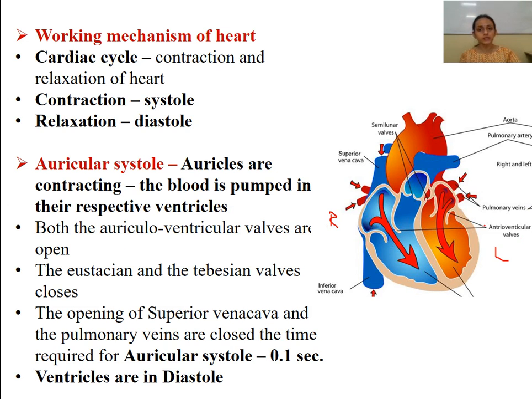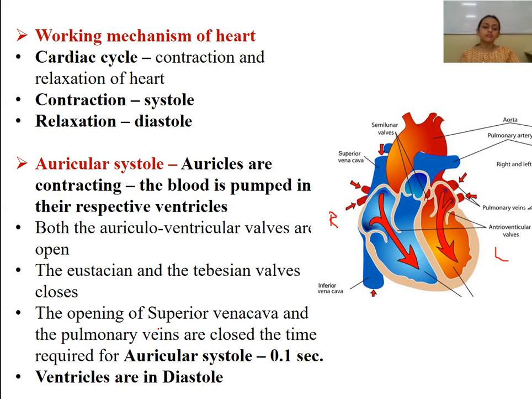And as it opens, when the atrium is contracting, the eustachian and the tibial valve, which is at the coronary sinus and at the inferior vena cava, will close. Correct? It will close, and the opening of the superior vena cava as well as the pulmonary vein will also close at that time.